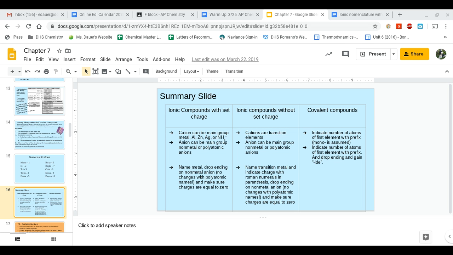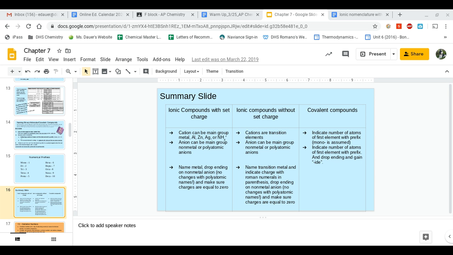Next, ionic compounds without a set charge. Now, although some cations, some transition metals, may have more than one opportunity to form an ion, we could be looking at Fe2+ or Fe3+. Just because it has different cations that can form does not mean that we are looking at multiple combinations for any ionic compound. We still need a neutral compound.